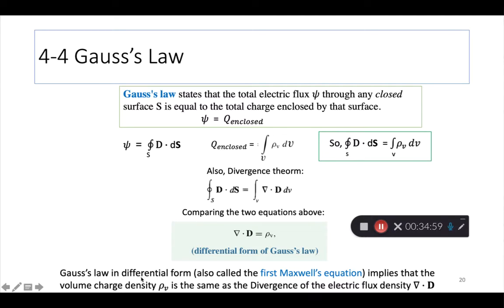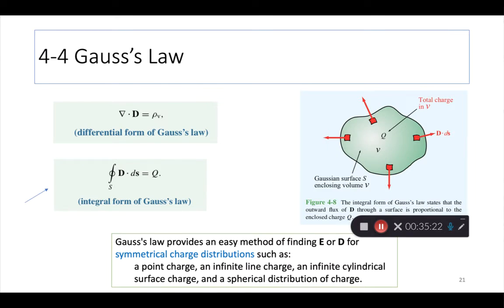Okay, so Gauss's law in differential form, also called the first Maxwell's equation, implies that the volume charge density rho v is the same as the divergence of the electric flux density, hence written as del dot D. This is the flux density. Okay, so this is one form of Gauss's law.